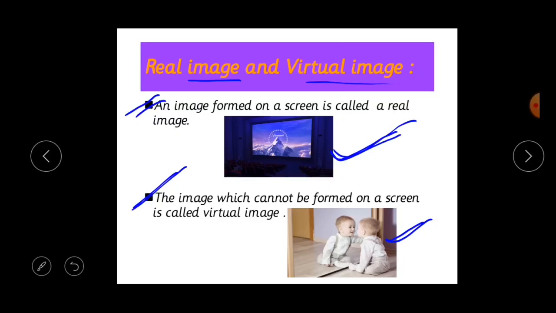Okay, so when some object is placed very near to the concave mirror, we don't get any image on the white screen placed behind the mirror. So such image is called a virtual image.